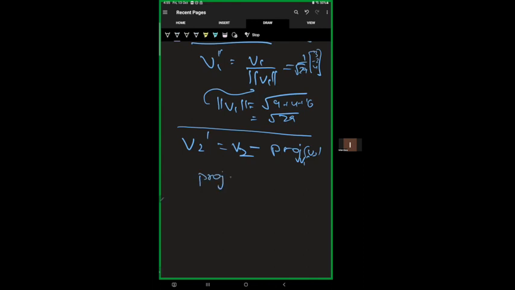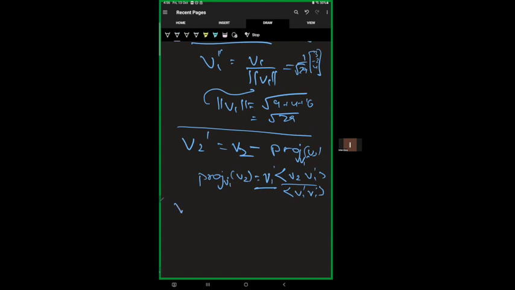As mentioned in the previous PPT, we take the dot product of v2 and v1 dash, divide it by the dot product of v1 dash with itself, and the projection is along v1 dash. So we pre-multiply it or post-multiply it since this is a scalar. We can pre-multiply it with v1 dash.